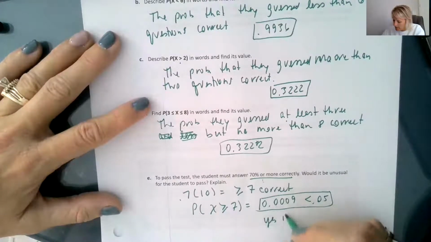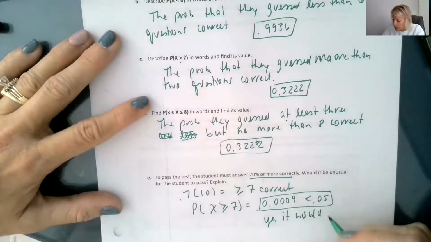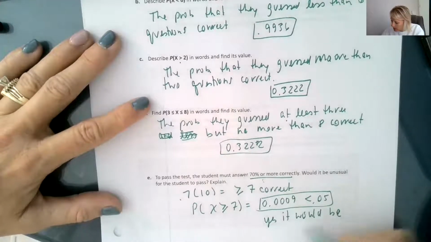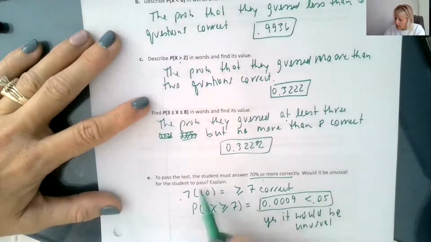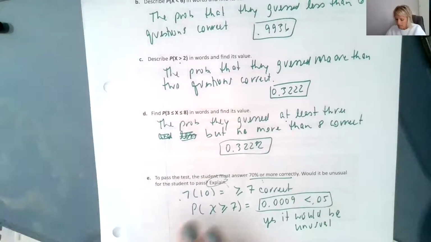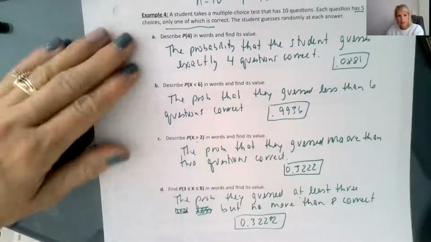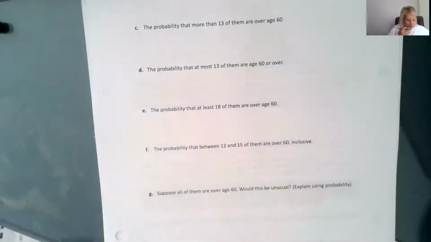Yes, it would be unusual because it's less than 5%, which is 0.05. Yes, it would be unusual. And for the explaining, as long as you show me that it's less than 0.05 or 5%, then that satisfies the explain. Awesome, we got some practice translating symbols to words.